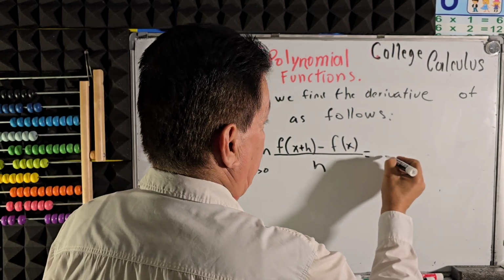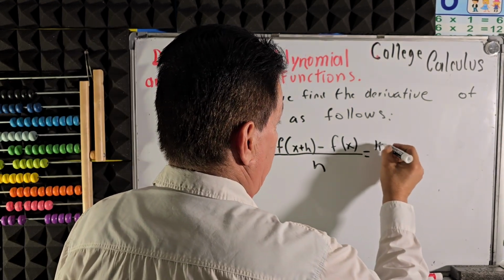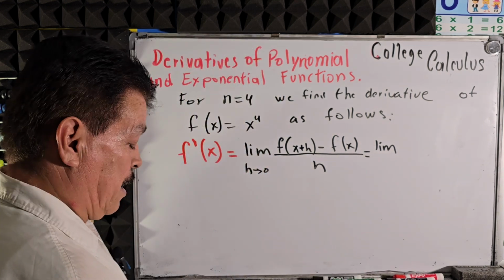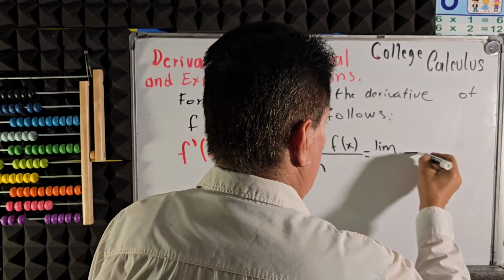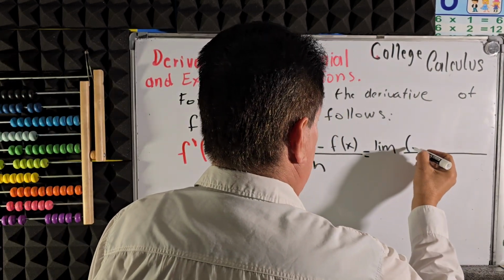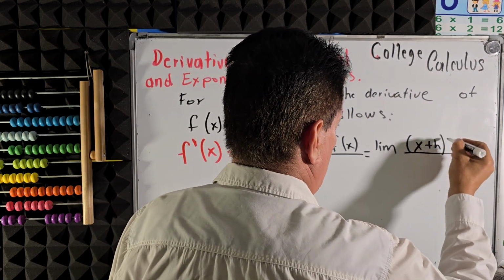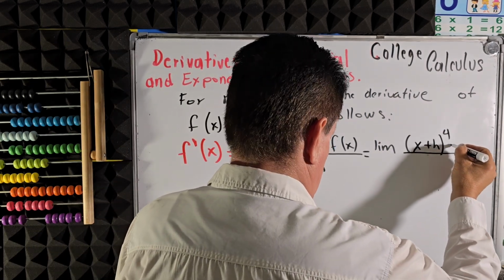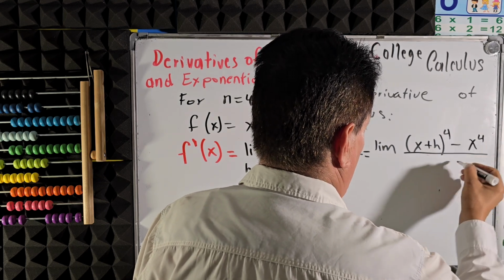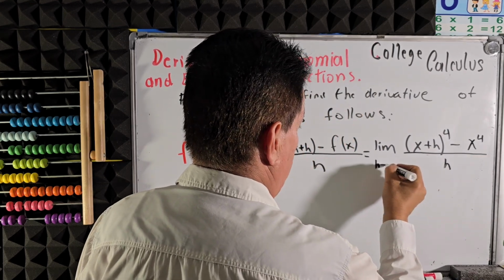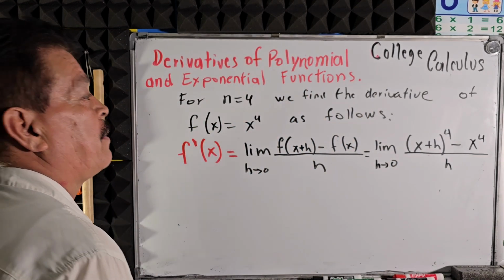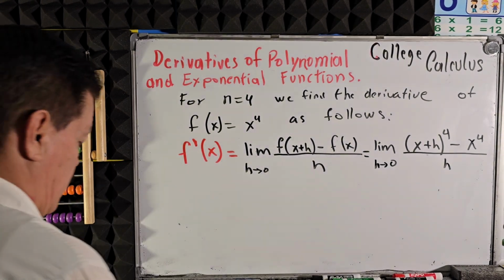So this will be equal to the limit of x plus h to the 4th power minus x to the 4th power, divided by h, when h approaches 0. That's the first step.